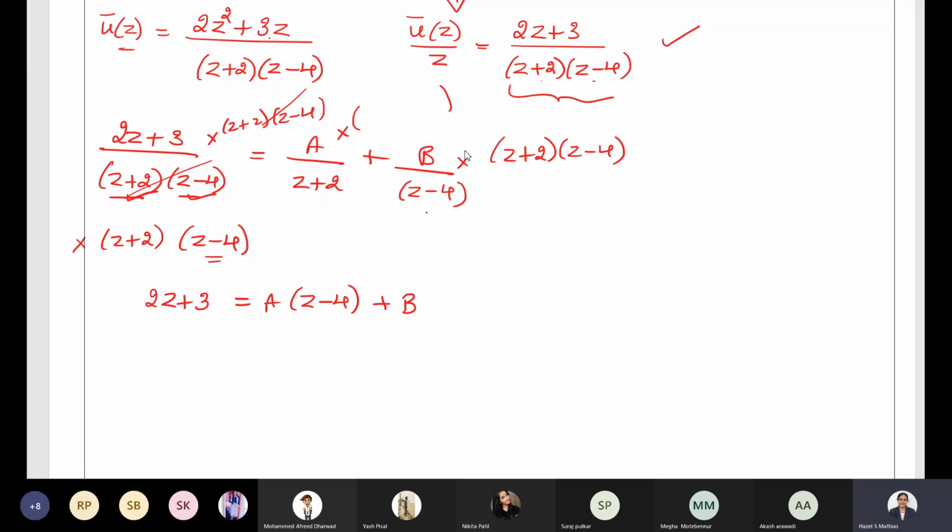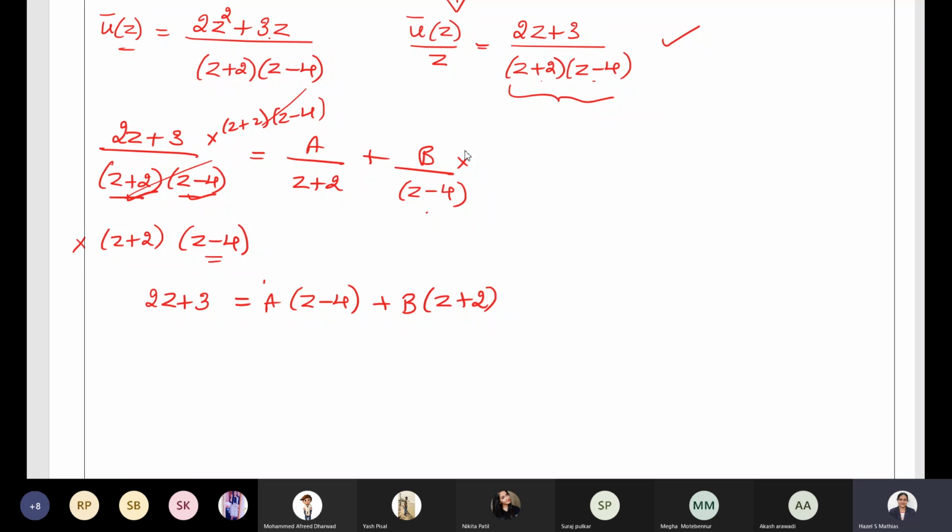In the denominator z minus 4 is there, this will get cancelled, b into z plus 2 remains. Done? Is it okay? Yes, ma'am.